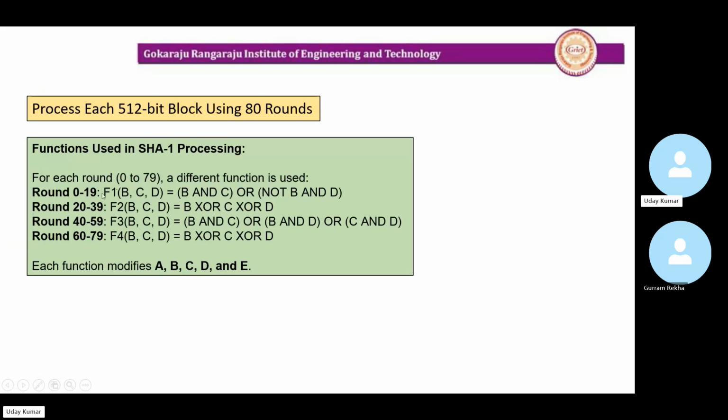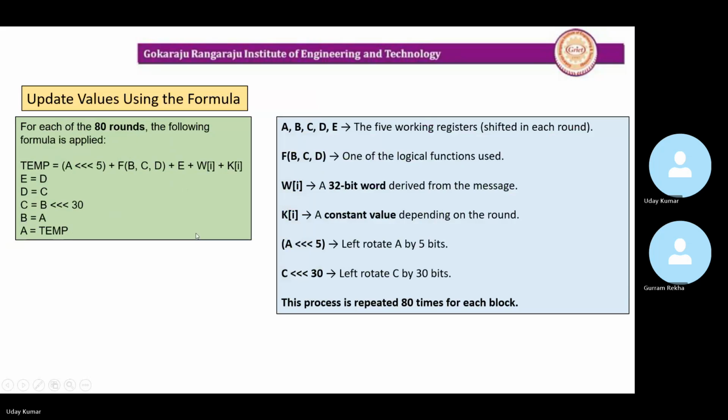For rounds 0 to 19, F1 of B, C, D is (B and C) or (not B and D). F2 of B, C, D is B XOR C XOR D. F3 of B, C, D is (B and C) or (B and D) or (C and D). F4 of B, C, D is B XOR C XOR D. So each function modifies A, B, C, D, E, that is H0, H1, H2, H3, H4.